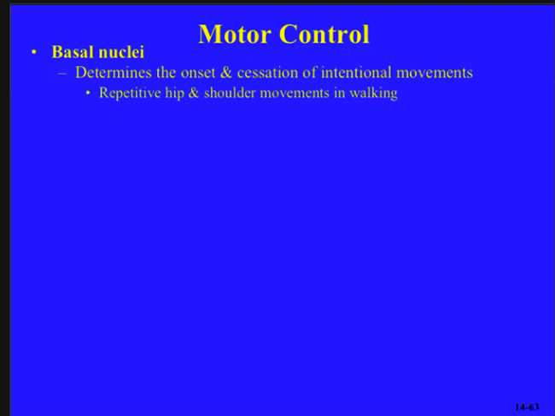So let's talk about what happens after the motor cortex of the brain formulates a plan of action that's been assembled by the association areas of the frontal lobe, the motor association areas. The basal nuclei determine the onset and cessation of intentional movements, such as repetitive hip and shoulder movements that you might see in walking.